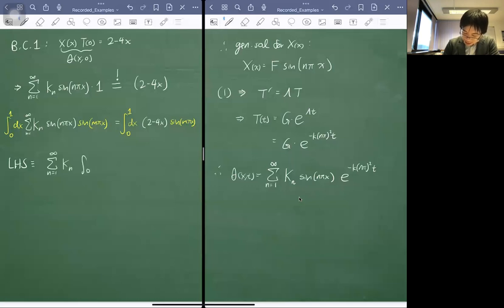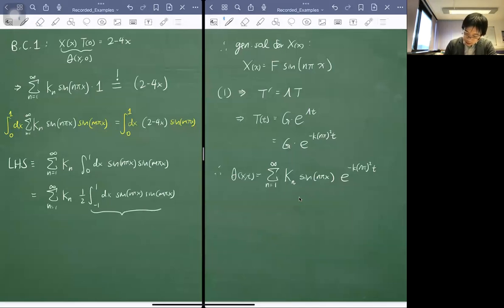We just get the integral of sine n pi x with sine m pi x. You recall this is an even integrand, so that is basically half of integrating from -1 to 1, because the integrand is even in x.